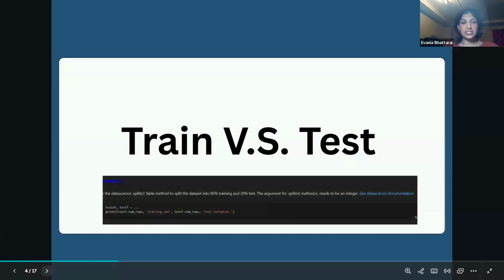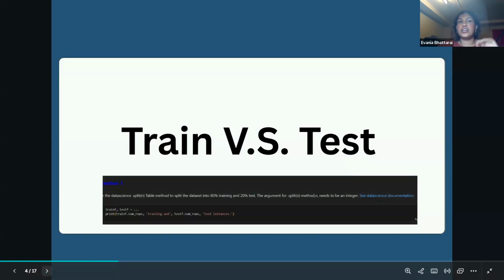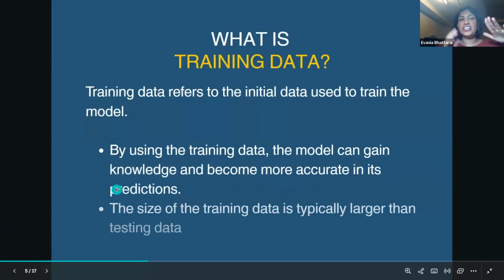The next topic we're going to be covering is train versus test. This concept is in relation to question 1. Here you're required to split your table into 80% training and 20% test. Now we're going to get into exactly why. So what is training data?